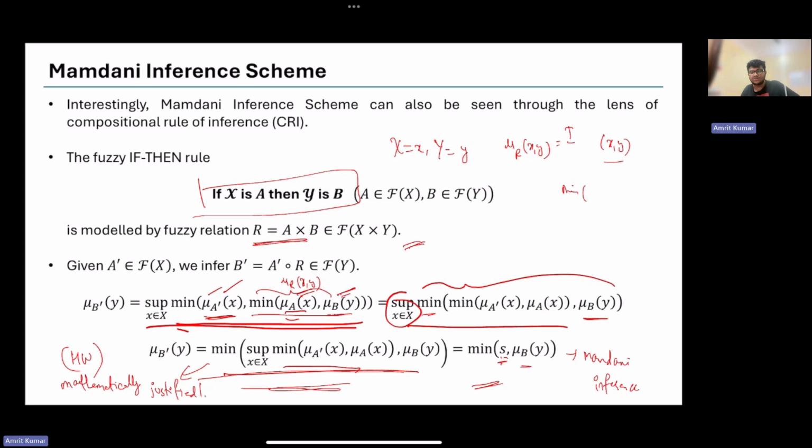And it turns out that it is. I mean, because Mamdani inference has been hugely successful. It's one of the most widely used applications of fuzzy set theory. Many devices like washing machines or even air conditioners use this inference scheme.